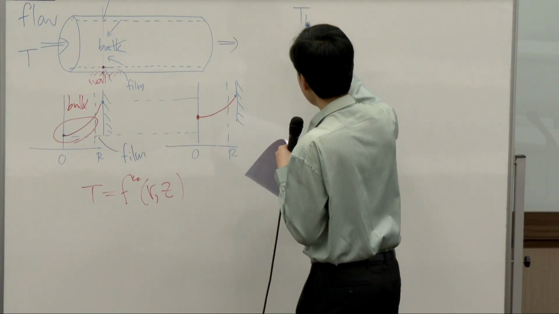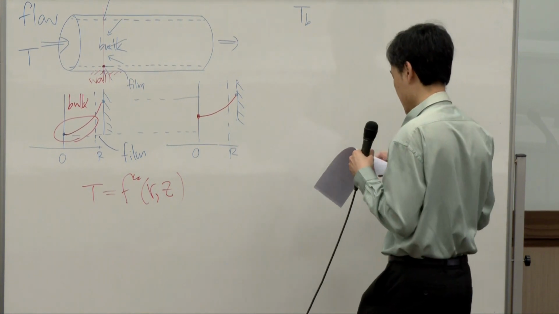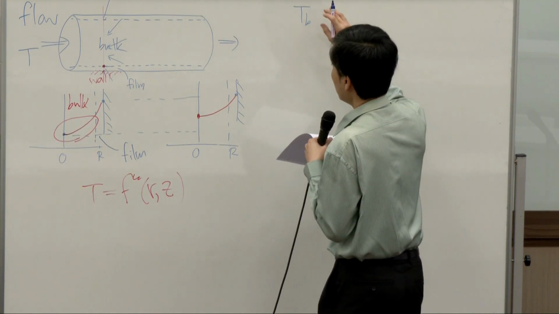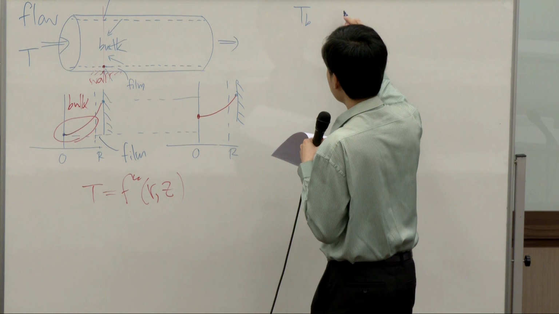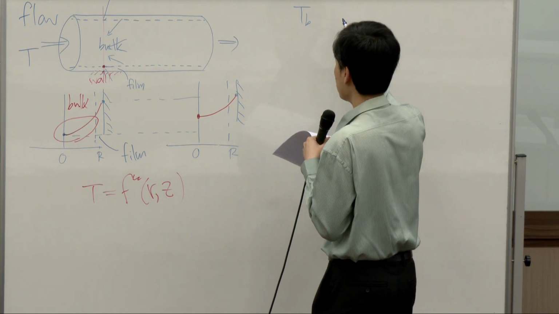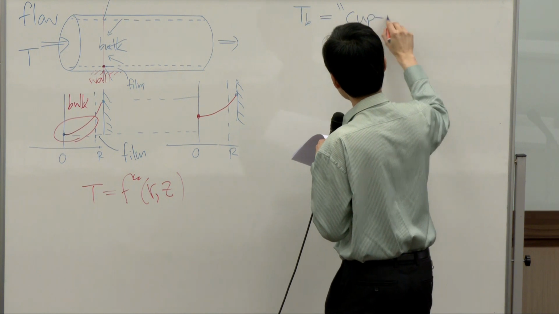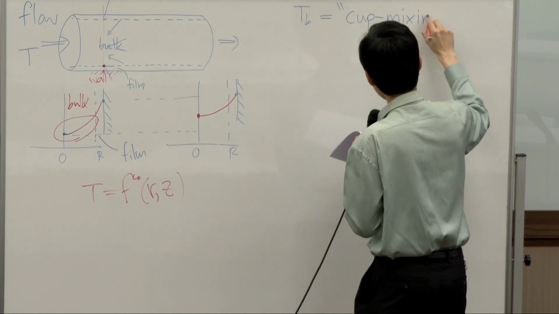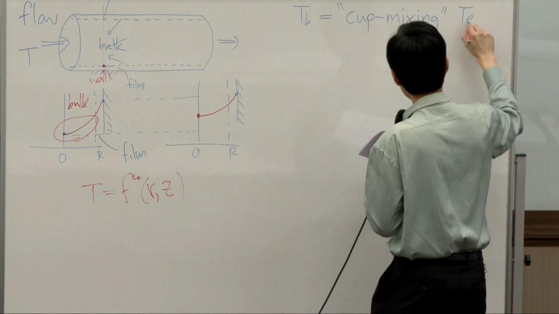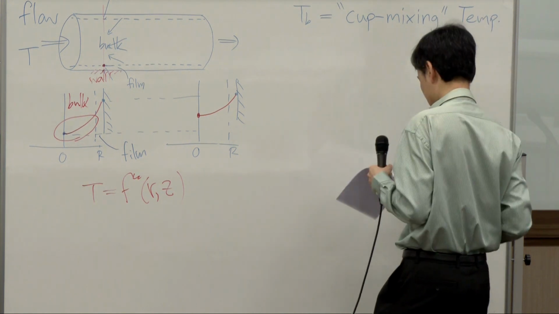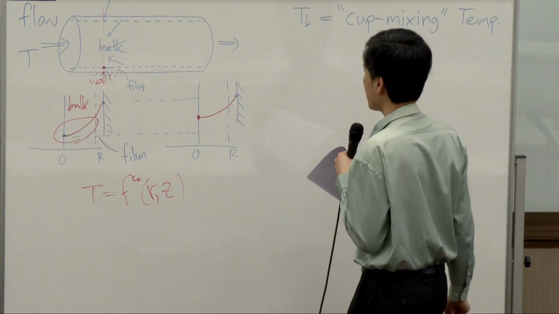So, to solve the first problem, the problem about non-constant bulk temperature, we can make another definition for the bulk temperature, let me call it TB. TB here would be bulk temperature, approximated from what we call cup mixing temperature. What is cup mixing temperature?